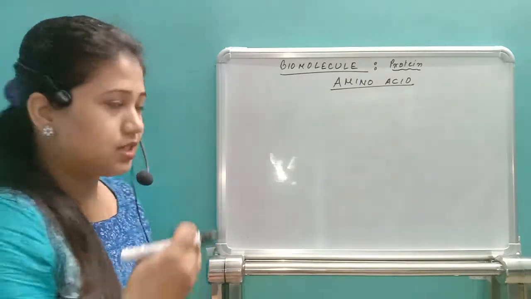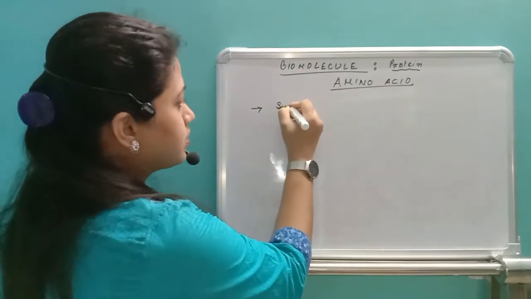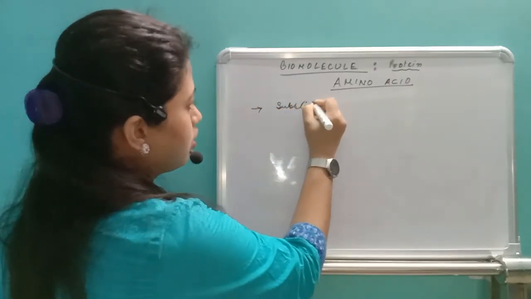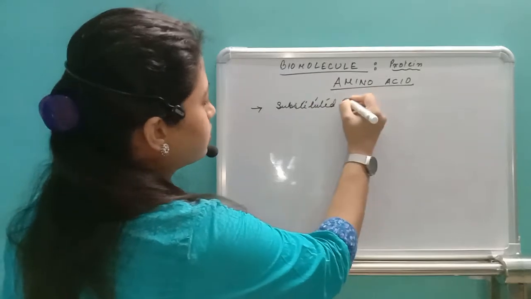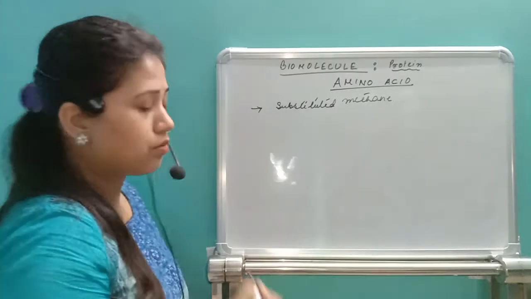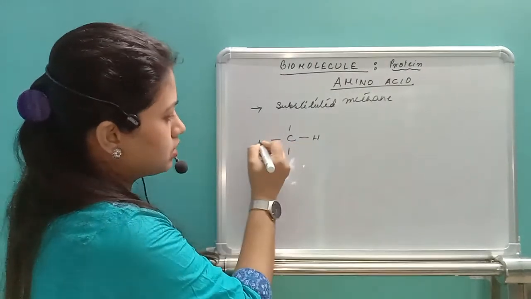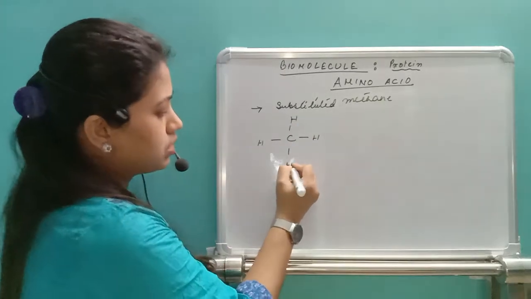In the NCERT it is given that amino acid is called a substituted methane. Why is it called a substituted methane? Whenever you see the structure of methane, you know CH4, right? So here is the structure of methane.